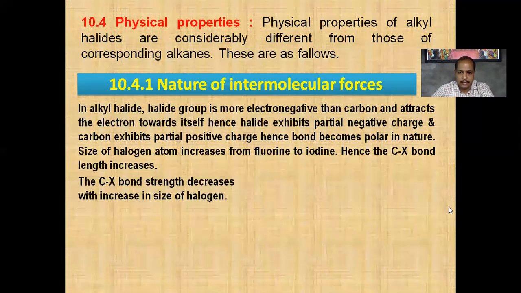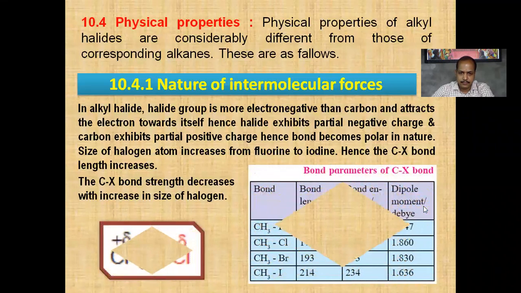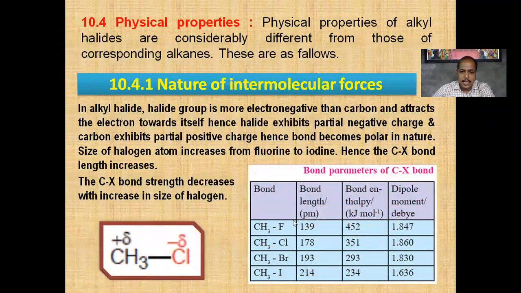Now we see here. Look, the same type of alkyl fluoride, chloride, bromide, iodide, that is methyl fluoride, methyl chloride, methyl bromide, and methyl iodide are present. Only the difference is in the halogen atom, F, Cl, Br, I. So here, see the bond length of CH3F, that is methyl fluoride, is 139 pm.